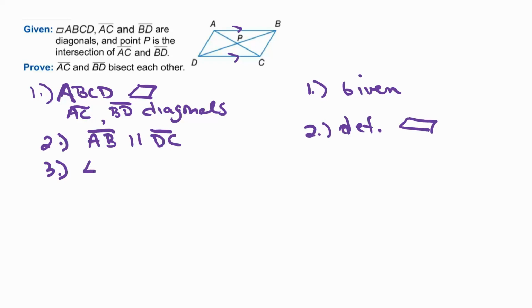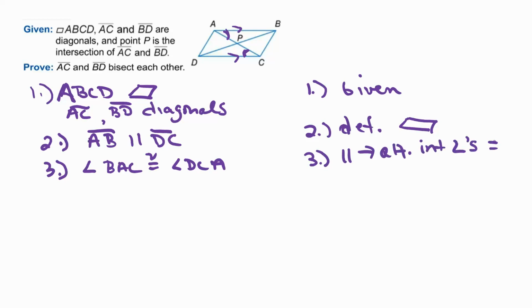Now I know since these two are parallel to each other that this angle is congruent to that angle. So angle BAC is congruent to angle DCA. And that's because parallel lines give us alternate interior angles congruent.